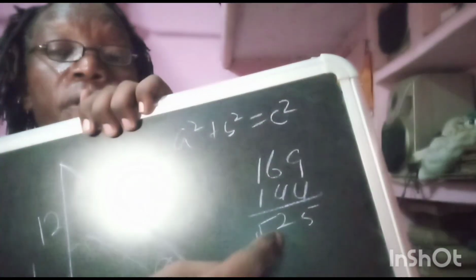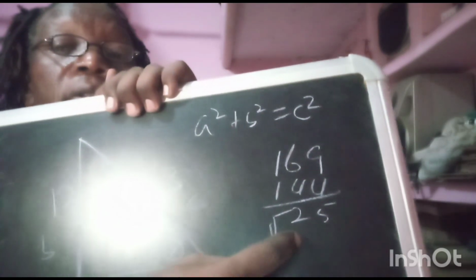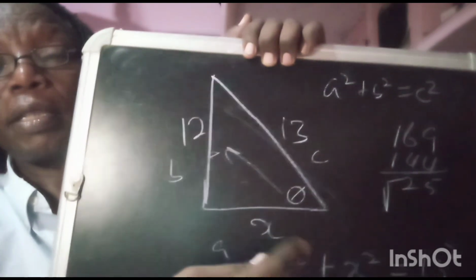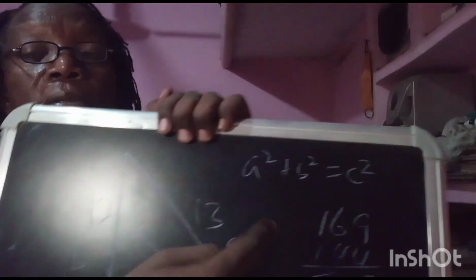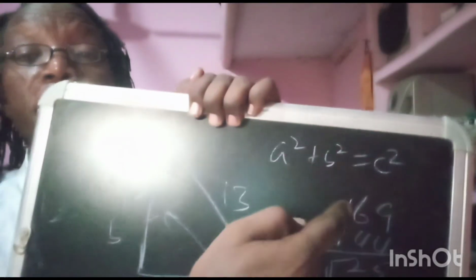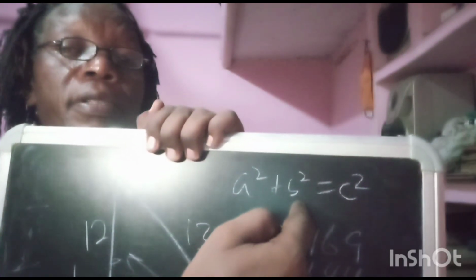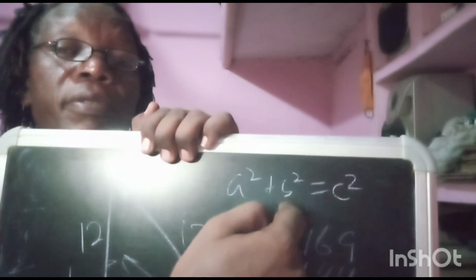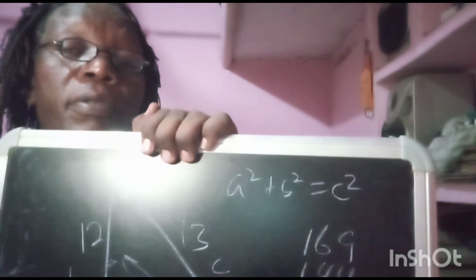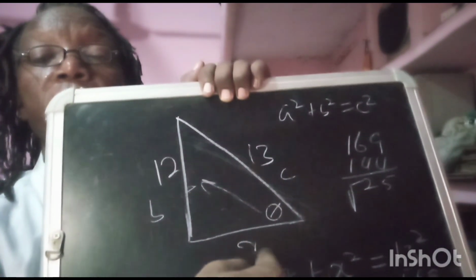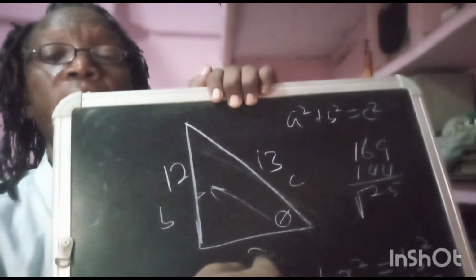So you find the square root of this, which is 5. So x squared is 25 according to Pythagoras theorem. When you find the square root of this, it will be 5. Which means 25 plus 144 will give you 169, and this side we have found to be 5 according to this formula.